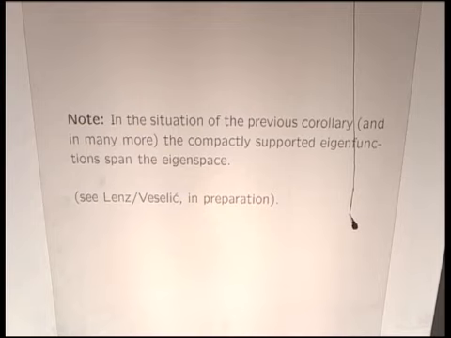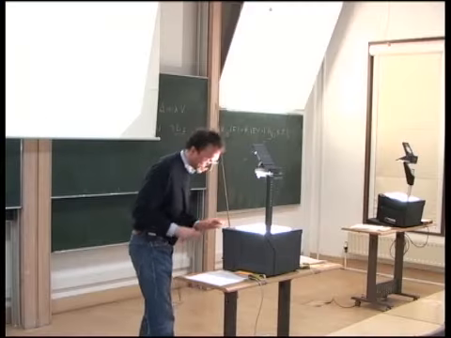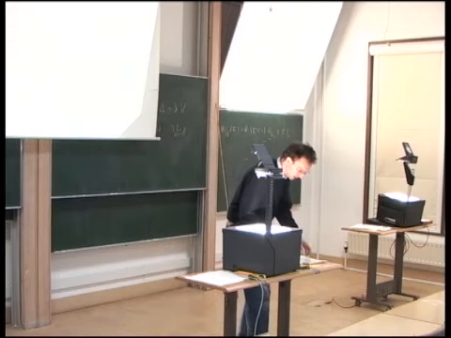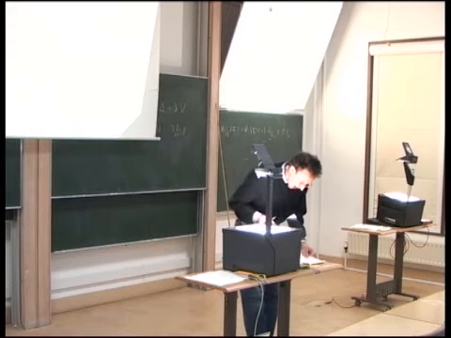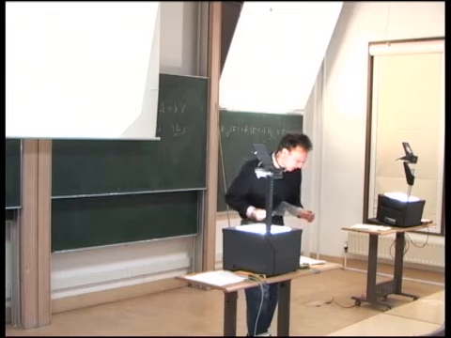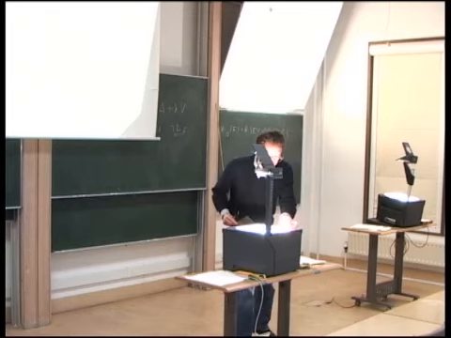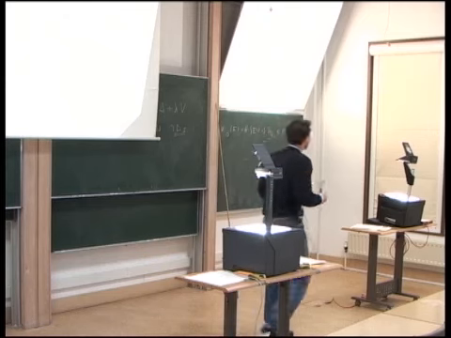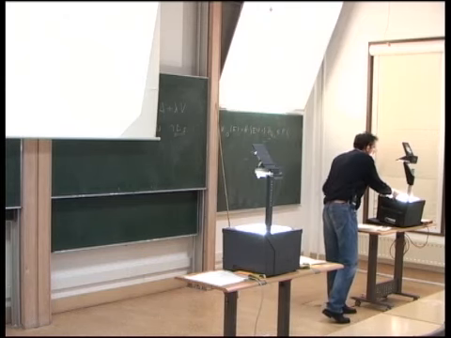In the situation of the corollary, you can show that the compactly supported eigenfunctions span the whole eigenspace. So they are a basis. And that is actually much more generally true than this situation here. So yeah, we are working on how generally it is true. Okay, so let's put this here and say a few words on the proof.